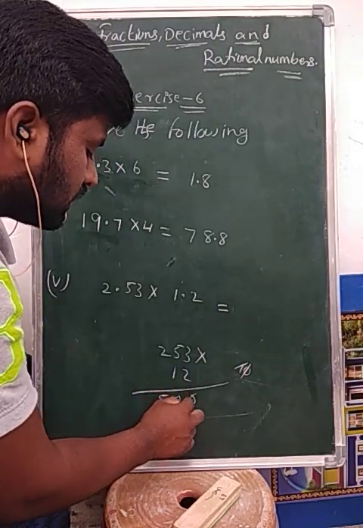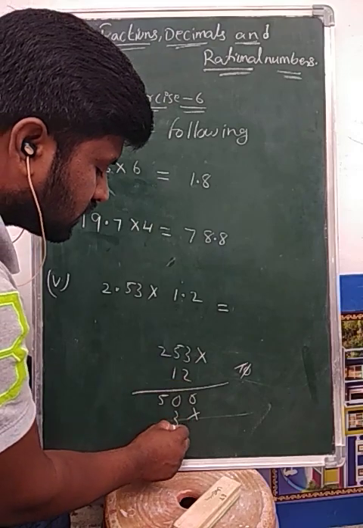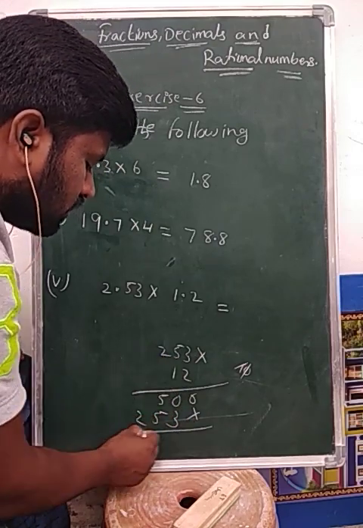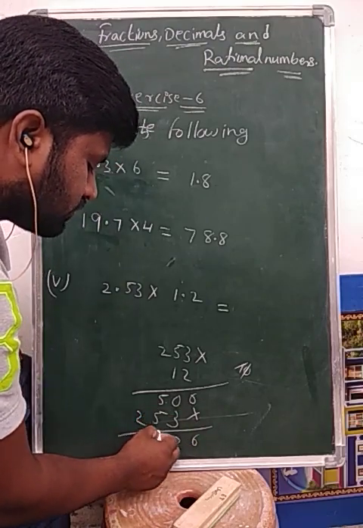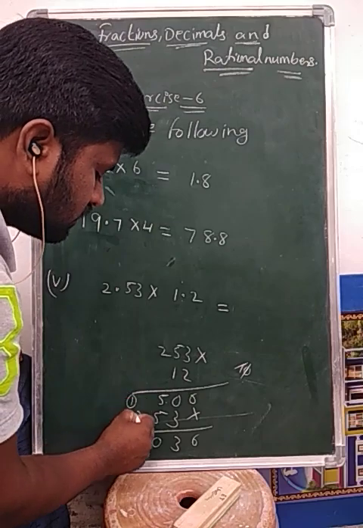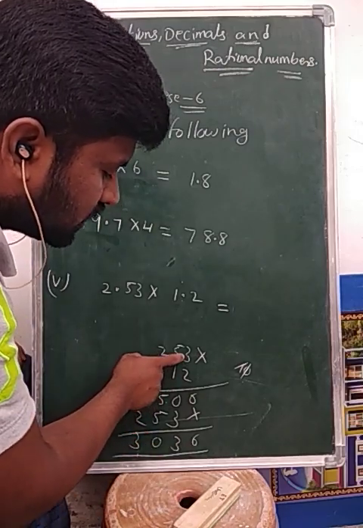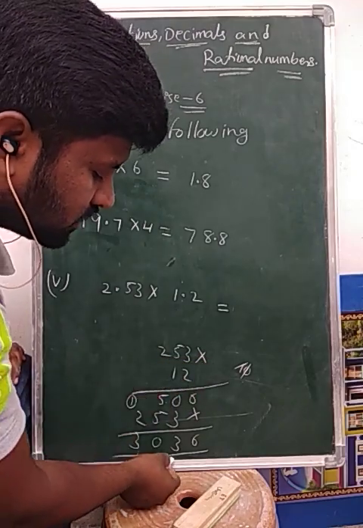Next, going to the tens place, 1 three is 3, 1 five is 5, 1 two is 2. We get 6, 0 plus 3 is 3, 5 plus 5 is 10, here 1, that is 3. So the product of 253 and 12 is 3036.